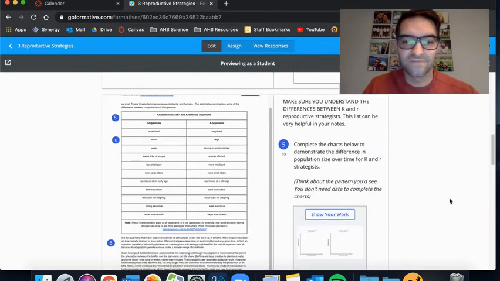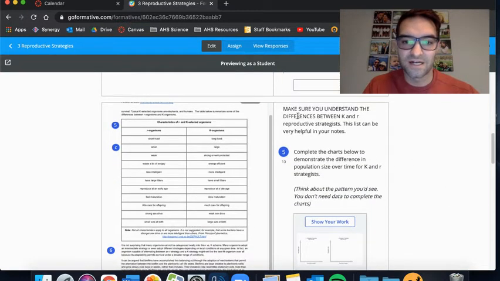Then we have this chart. I made this note here: make sure you understand the differences between K and R reproductive strategies. This list can be very helpful in your notes. It's a nice graph for comparing and contrasting the two and showing how they're different.